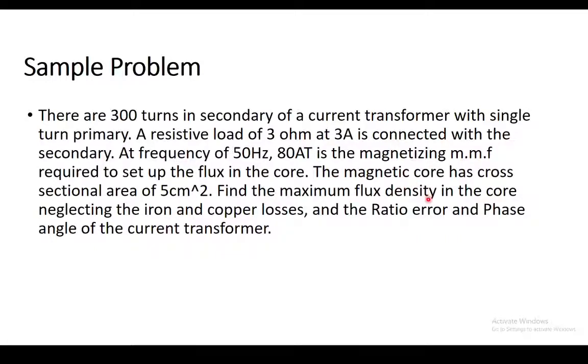The magnetic core has a cross-sectional area of 5 centimeters squared, or 5 times 10 to the negative 4 meters squared. We are asked to find the maximum flux density in the core, neglecting the iron and copper losses, and the ratio error and phase angle error of the current transformer.